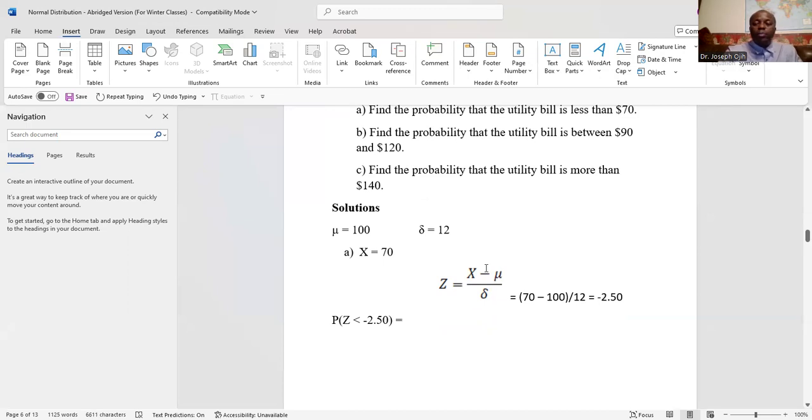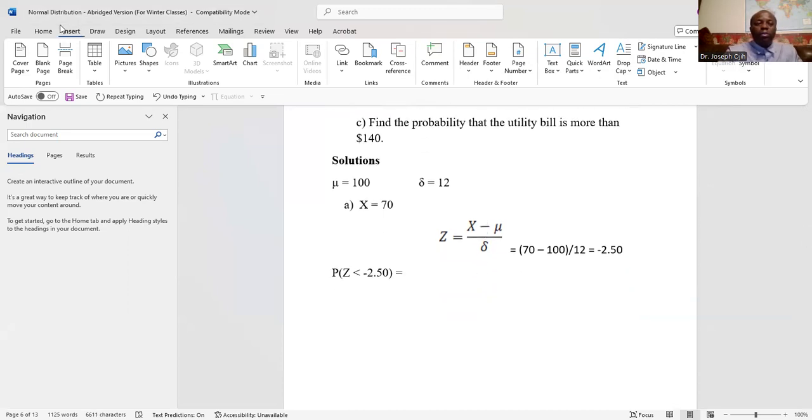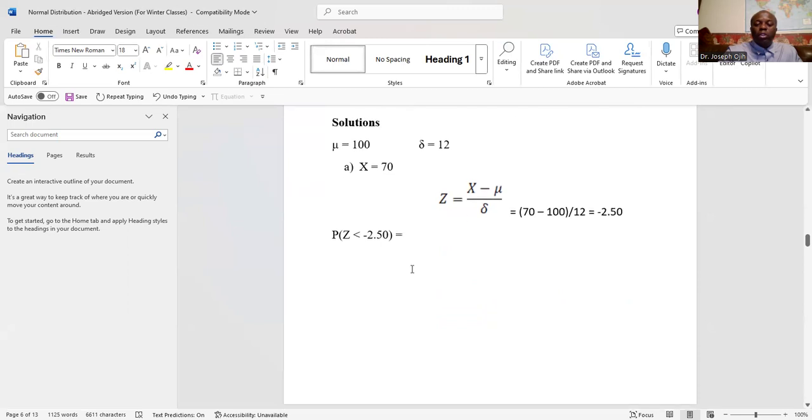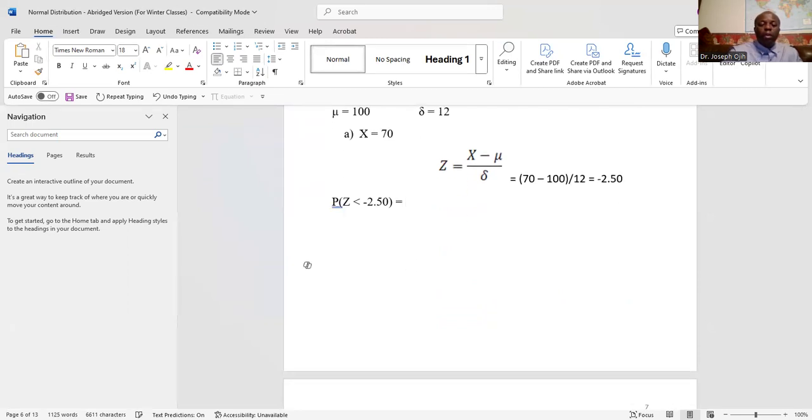At this point, you can now draw the chart. It's on the left side, because negative 2.5 is negative, so it will be on the left side of 0.